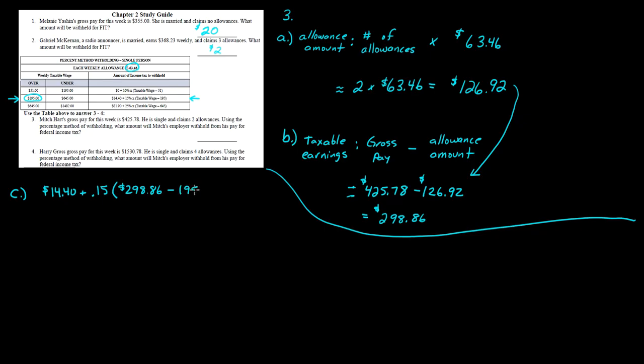So I'm going to subtract those two out, multiply that by 0.15. So we're going to do order of operations.